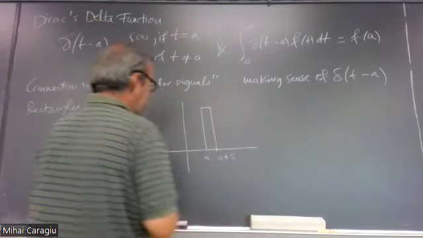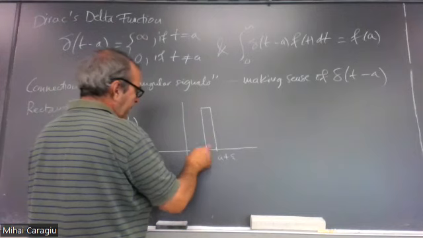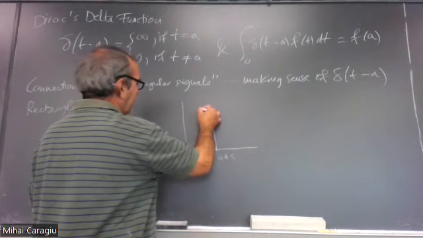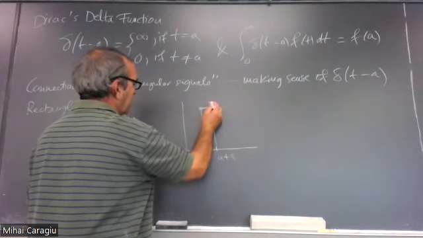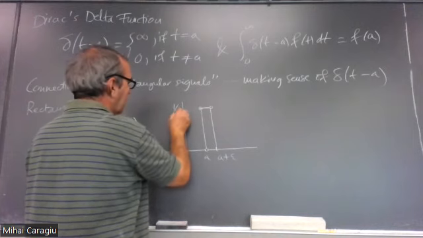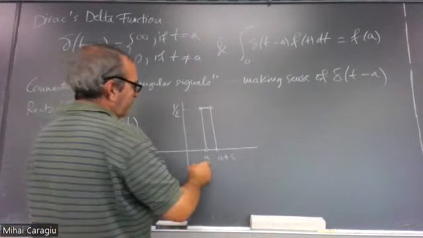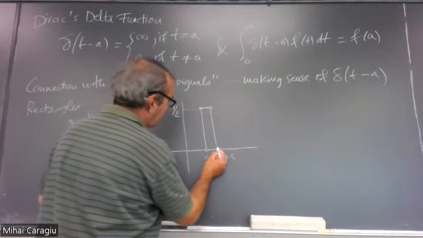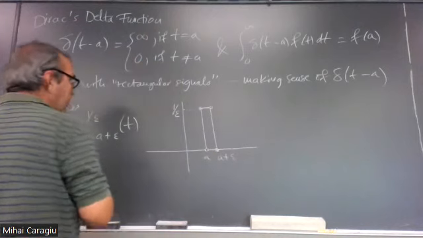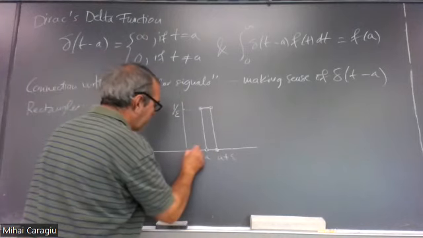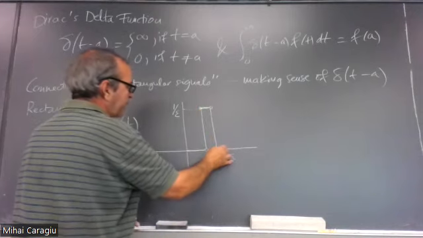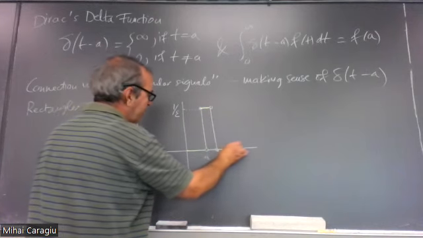So how can we formally define this rectangle? Prior to a is 0. Between a and a plus epsilon is 1 over epsilon. And from a plus epsilon to infinity is again 0. So 0 before a, 1 over epsilon from a to a plus epsilon, and 0 after a plus epsilon.